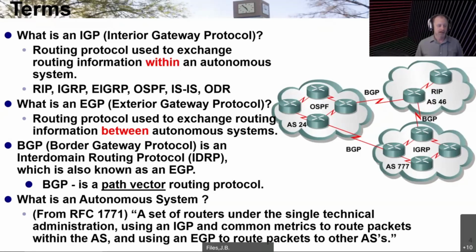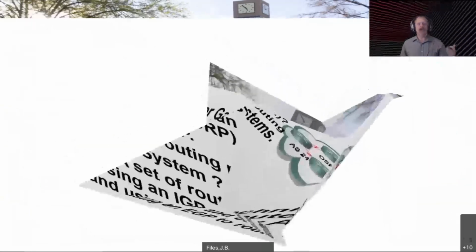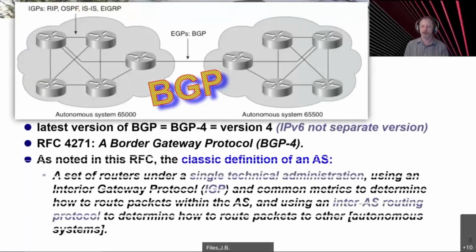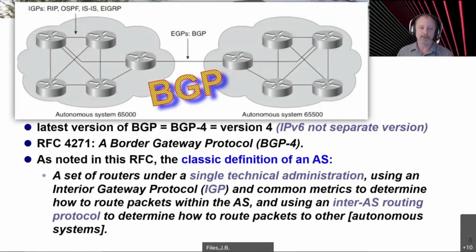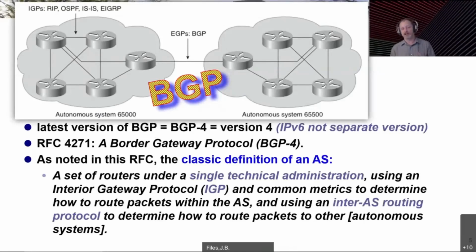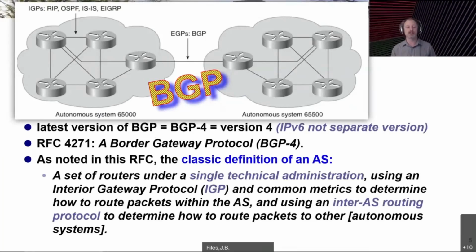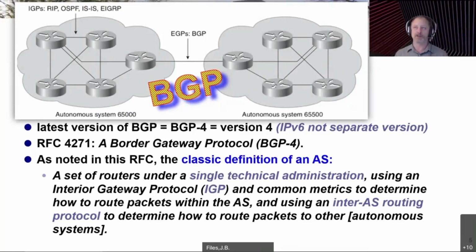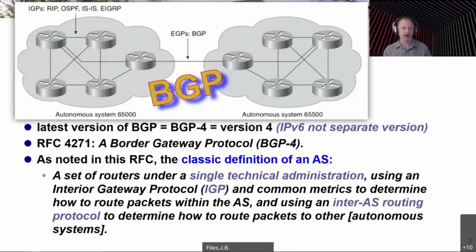With regard to BGP, we have BGP version 4. BGP version 4 is able to do IPv6. It didn't require a new BGP version, kind of like EIGRP was able to be updated without a full rewrite.